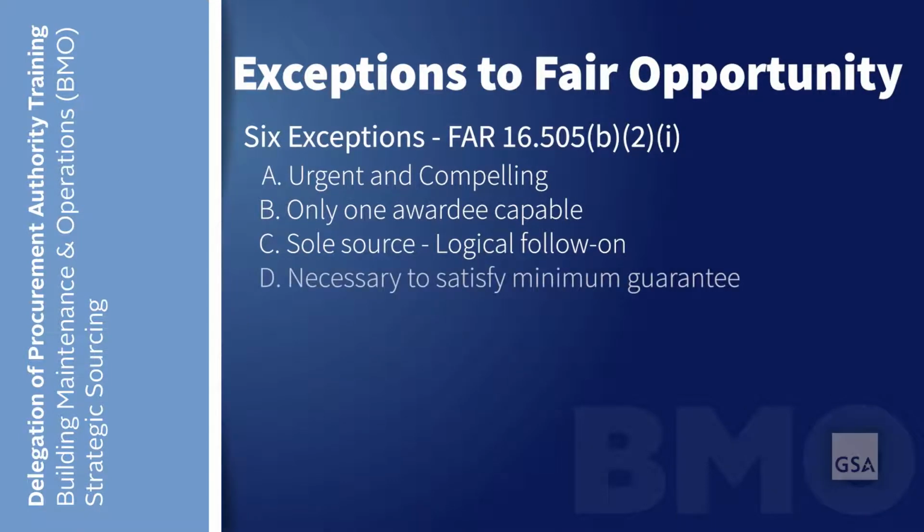D. It is necessary to place an order to satisfy a minimum guarantee. E. For orders exceeding the simplified acquisition threshold, a statute expressly authorizes or requires that the purchase be made from a specified source.